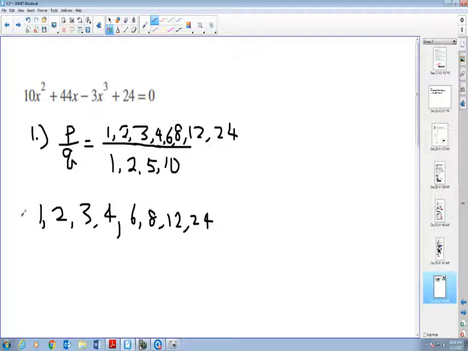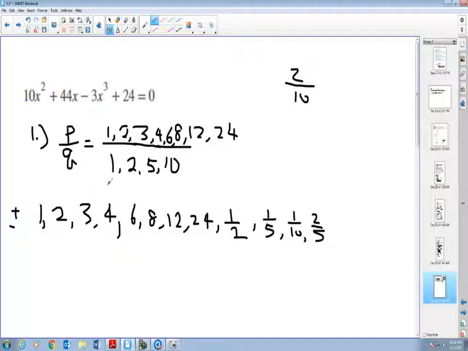Again, this is all going to be positive and negative ones. 1 over 2, 1/2. 1 over 5, 1 over 5. 1 over 10, 1 over 10. 2 over 2 is 1. 2 over 5 is 2/5. 2 over 10 is 1/5.